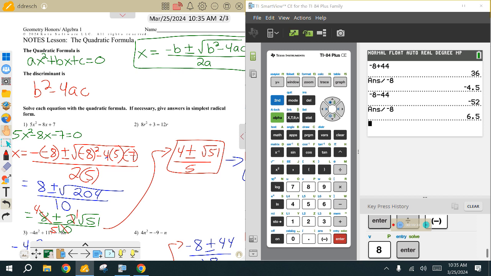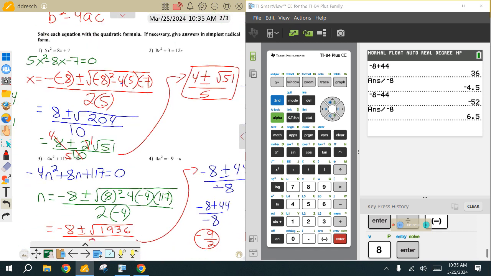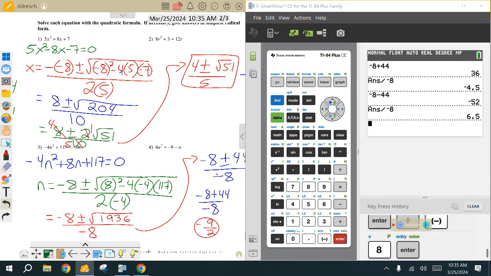And if that turns out to be a very specific type of number, it tells us a lot about what type of graph we're going to get, what type of solutions we're going to get, and so on. So if I say, hey, what's your discriminant's value? I'm talking about this 204. I'm talking about that 1936 we just got. If it's something else, where it's positive or negative, it tells us more about our graph and the types of solutions. We're not going to get far into it.